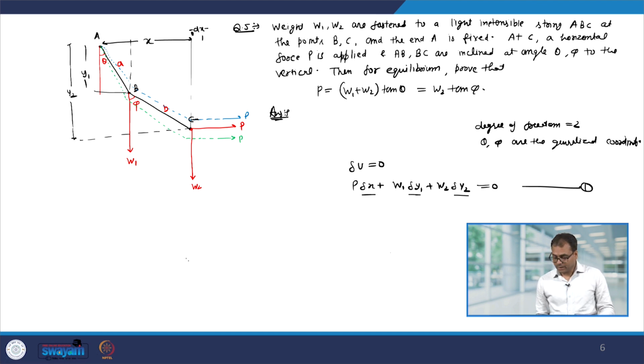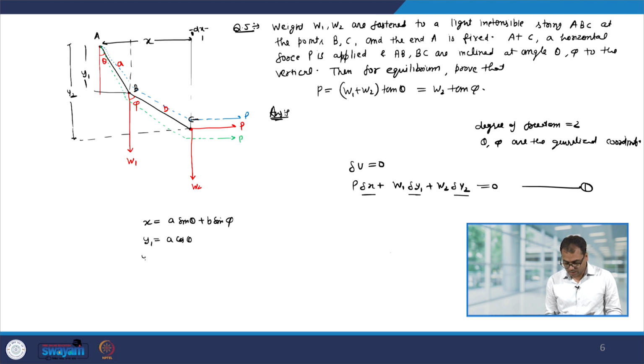Now, from the geometry you can see that x is equal to a sin theta plus b sin phi, and y1 is a cos theta and y2 is a cos theta plus b cos phi. Therefore, I can find out what is delta x.